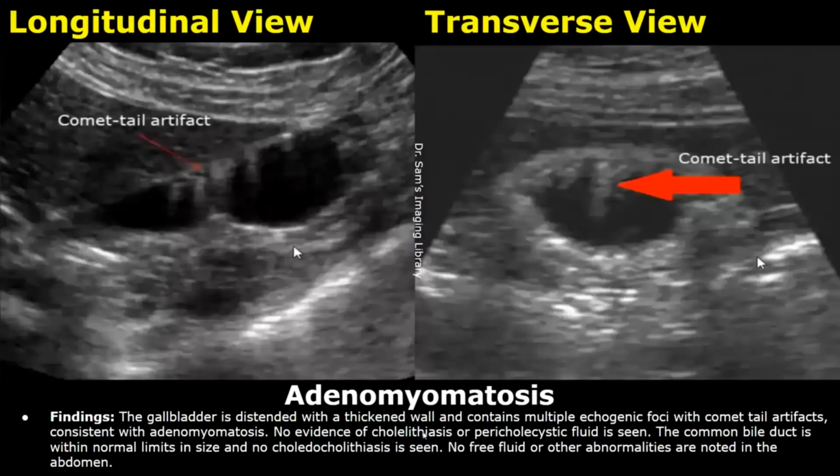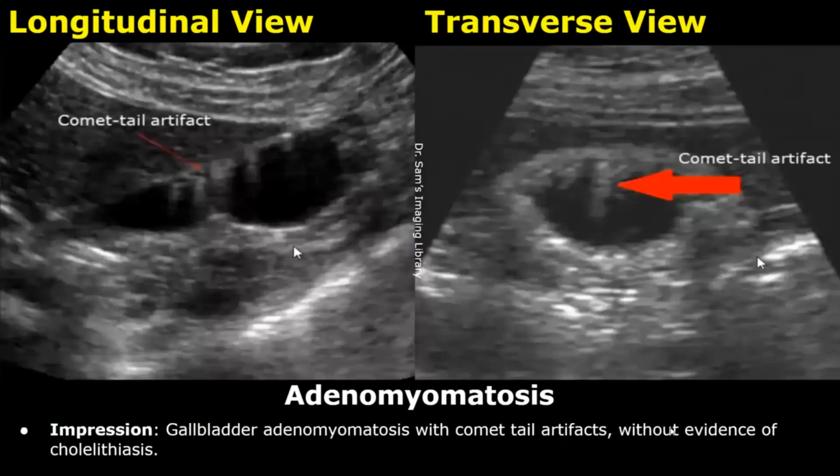And then you can write about gallstones, or if there is any pericholecystic fluid. For this case, the impression was gallbladder adenomyomatosis with comet tail artifacts without evidence of cholelithiasis.